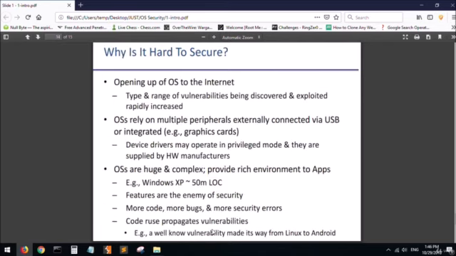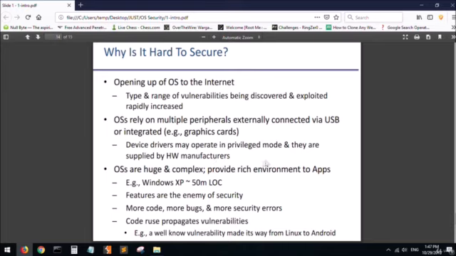Why is it hard to secure the OS? The first thing: if the OS is connected to the internet, it is very hard. Why? Because I want to download this file, I want to check this website. OSs rely on multiple peripherals, externally connected via USB or integrated graphics cards.